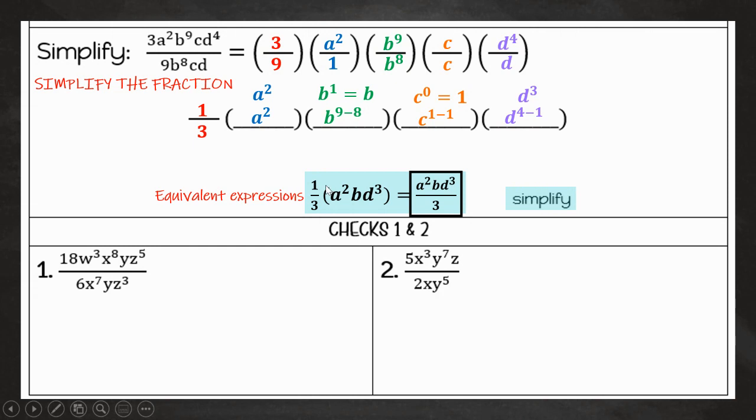Because here, I basically need to distribute that 1/3, and when I do that, it would simplify to this. So let's get comfortable with writing our final answer as a fraction. And in this case, our 3 remains in our denominator because our larger number with our coefficient was in the denominator. So we're going to end up with a fraction.